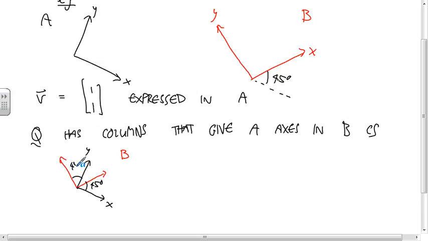This angle is 45 degrees. How would we represent the x-axis? Yeah, it's going to be cosine of 45 and then negative sine of 45. So we're going to have 0.7071, then negative 0.7071.